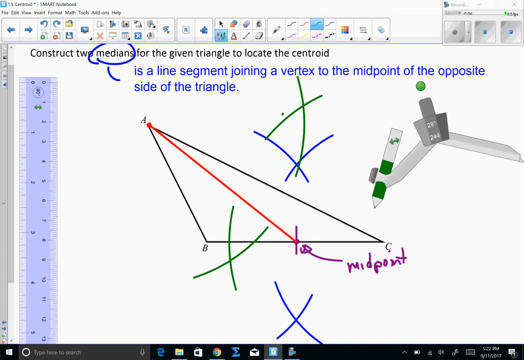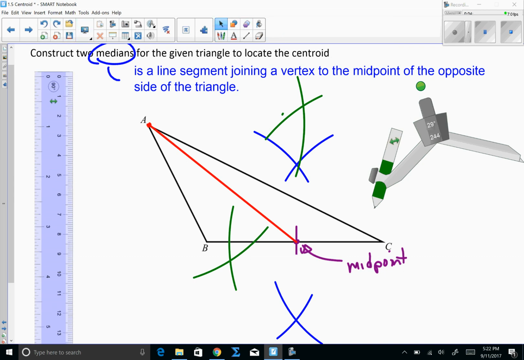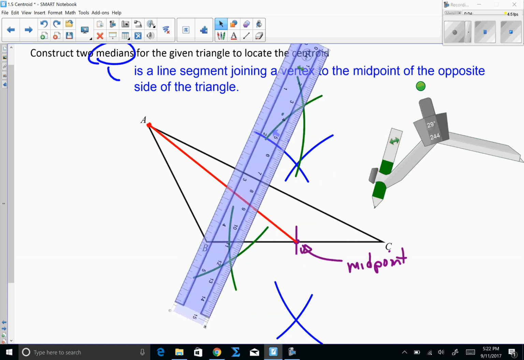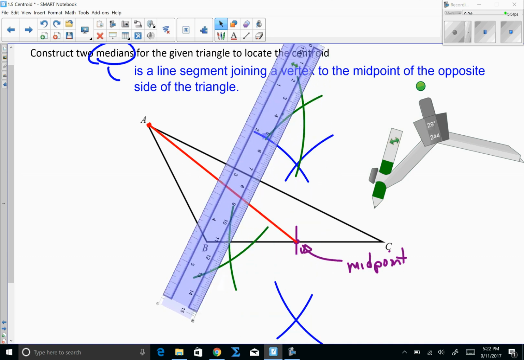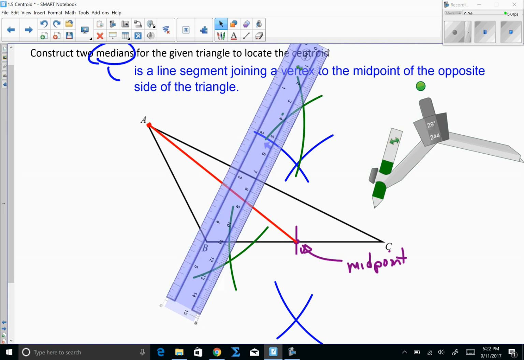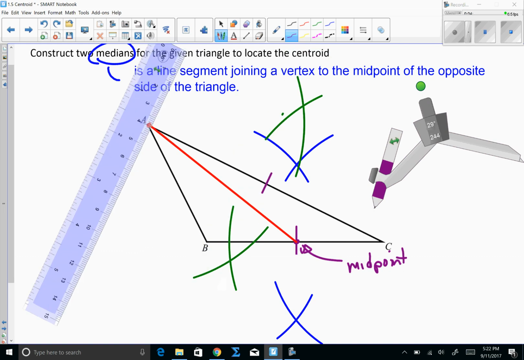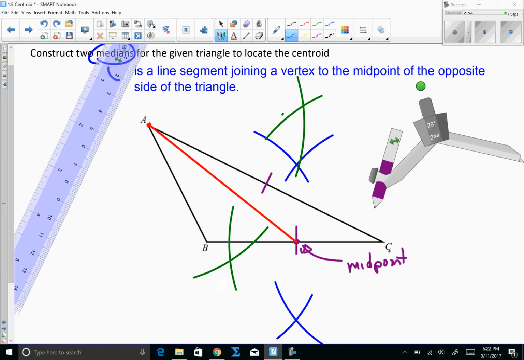All right, so again, using the straight edge, you're going to connect those two points. And the point that it crosses, right there, is my midpoint of AC.